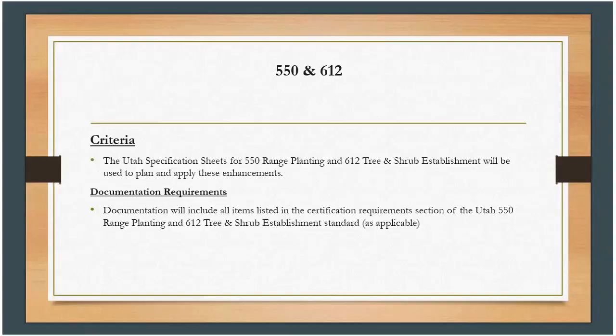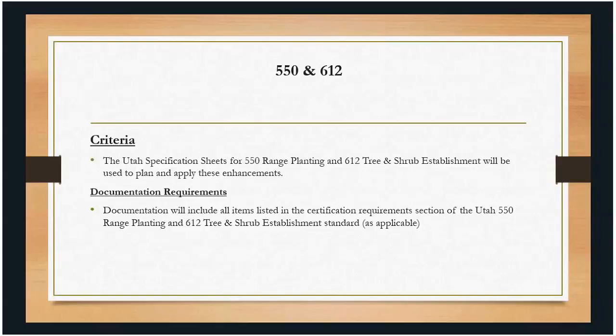So again, this is the last slide for today's webinar, and it's just emphasizing that in Utah, we want you to use the state standard documentation requirements and the state spec sheets for these practices to plan and document them.